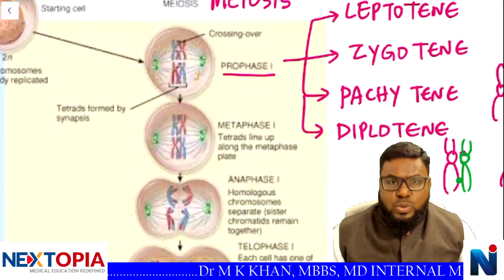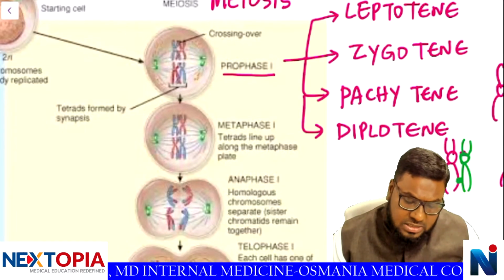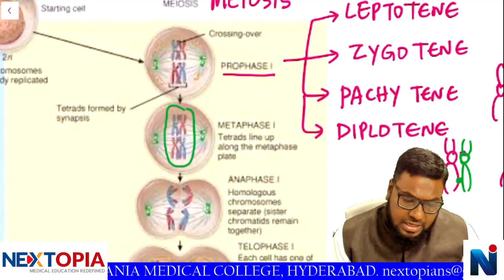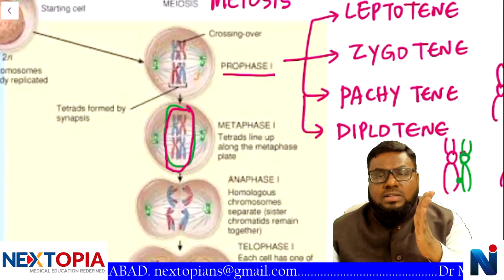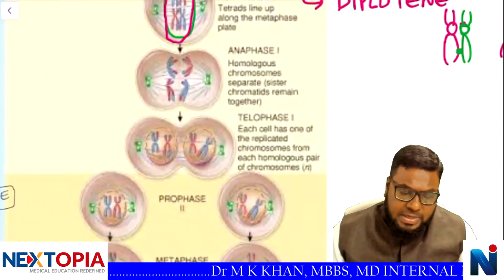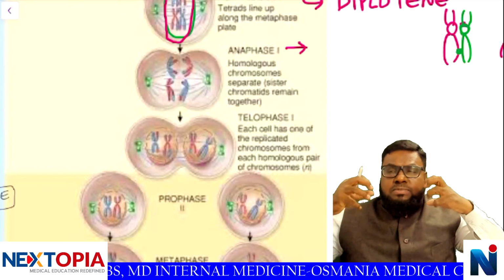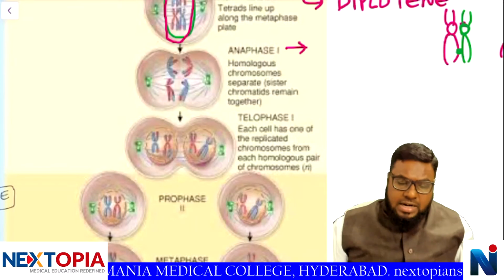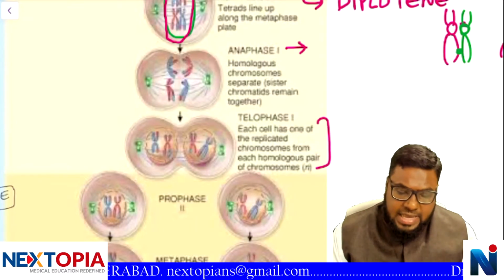Then comes metaphase 1. The tetrads line up in the center like this, and they form a line in the center, and thus division begins. Then in anaphase, the microtubule assembly starts pulling these tetrads apart, and at telophase two daughter cells are formed with n number of chromosomes.